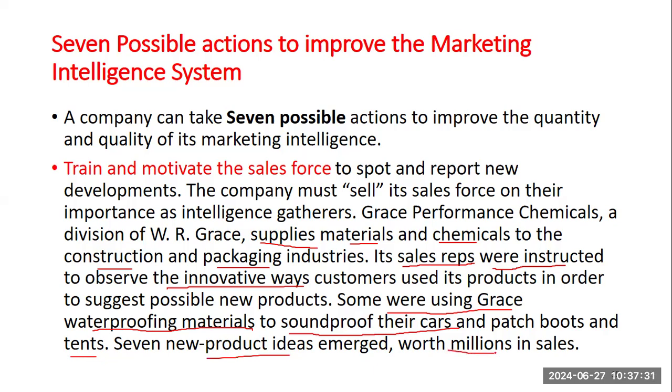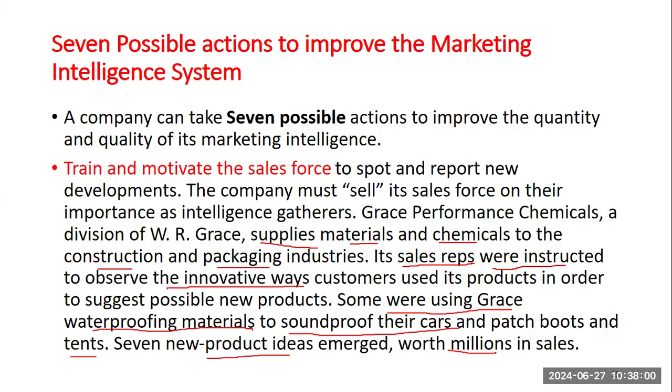So earlier, they introduced the chemicals and materials in the construction industry, specifically as a waterproofing material. But now they are using it as a soundproof material and for patching roofs and tents, and that's why the sales reps informed the company.